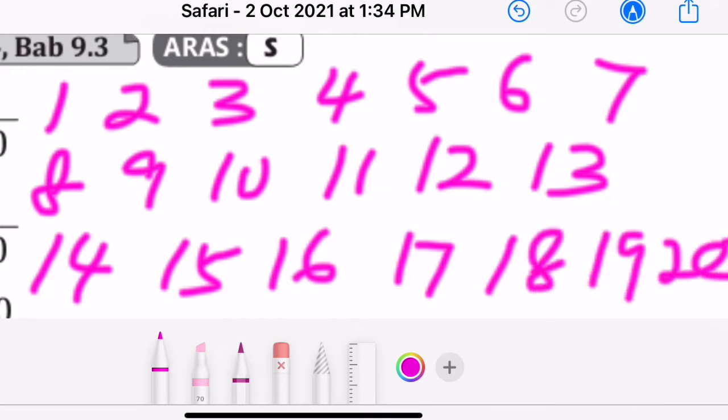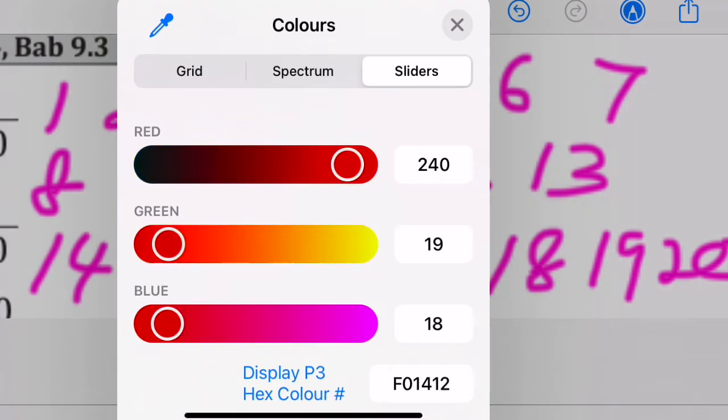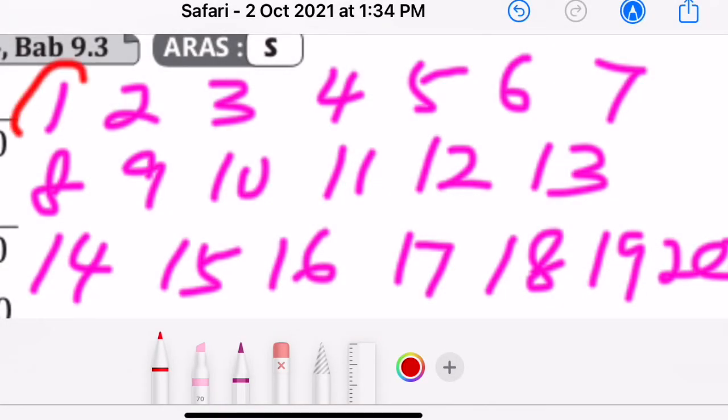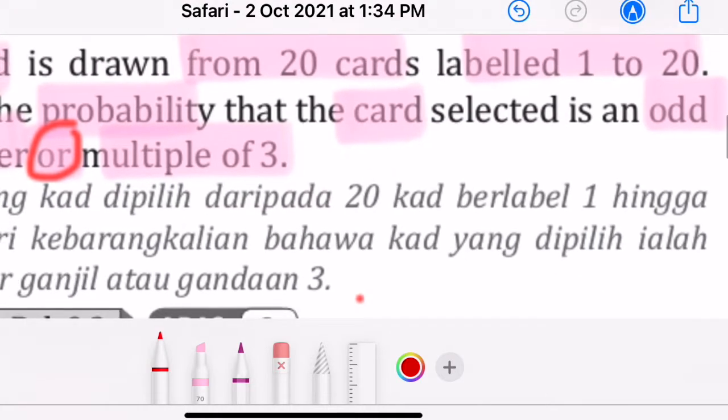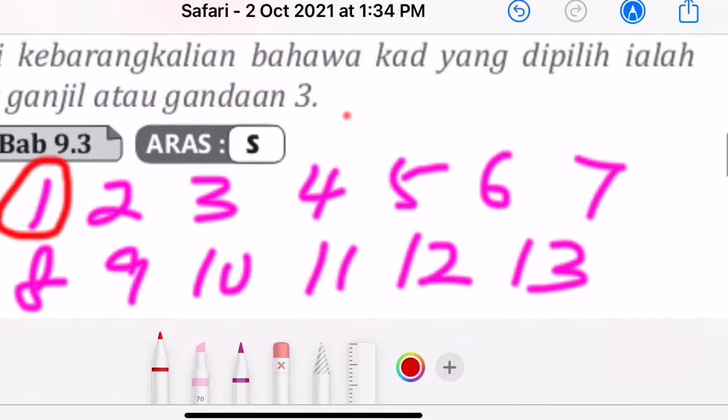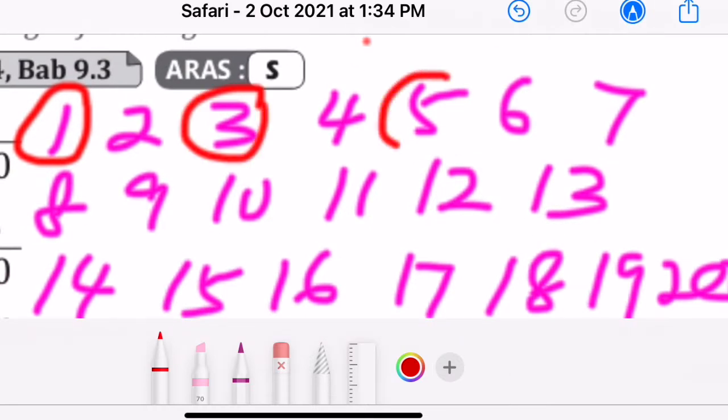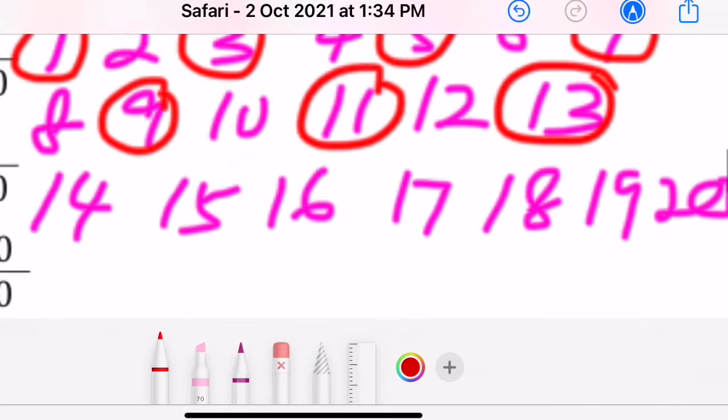So let's circle the ones that we want. We want odd numbers or multiples of 3. We circle odd numbers first so that we won't miss out.